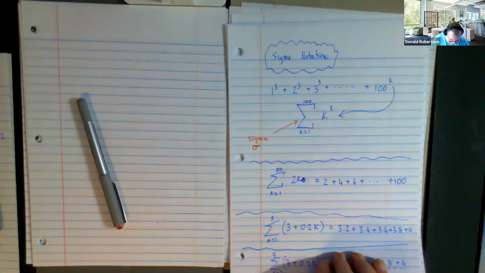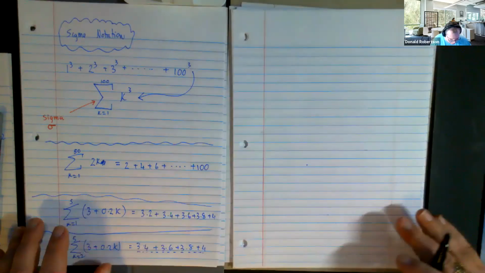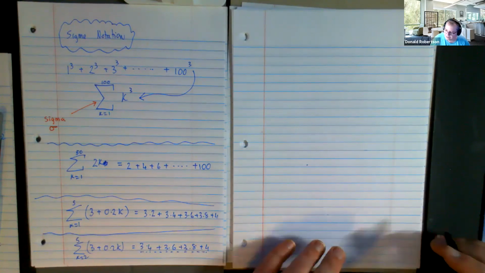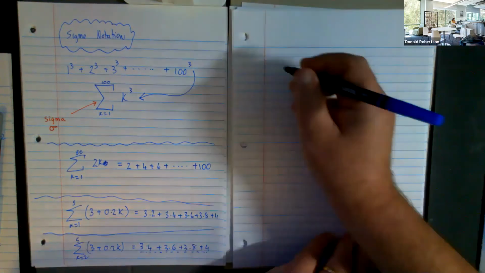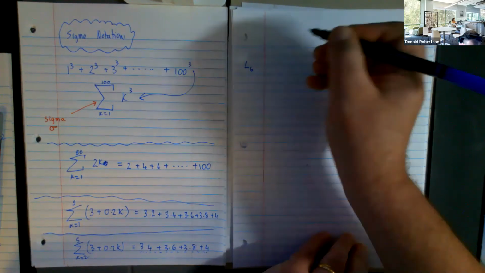Now, let me show you sigma notation being used to make a formula that I've already written easier and simpler to write. Can you remember I did something like L6?